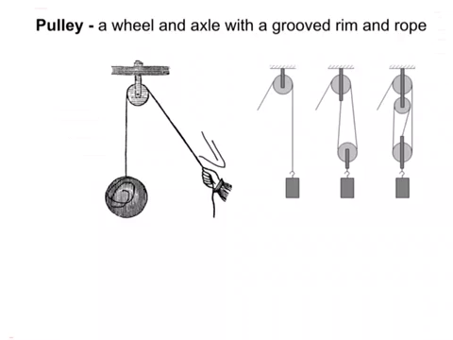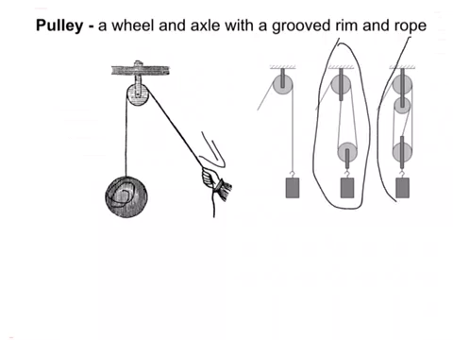Now, usually you'll see a pulley mixed with other pulleys. Like in an example here, we have 2 pulleys working together, or here we have 3 pulleys working together. Later, we'll talk about why you have multiple pulleys at once, but for right now, just know that a pulley is a wheel and axle with a grooved rim and rope.